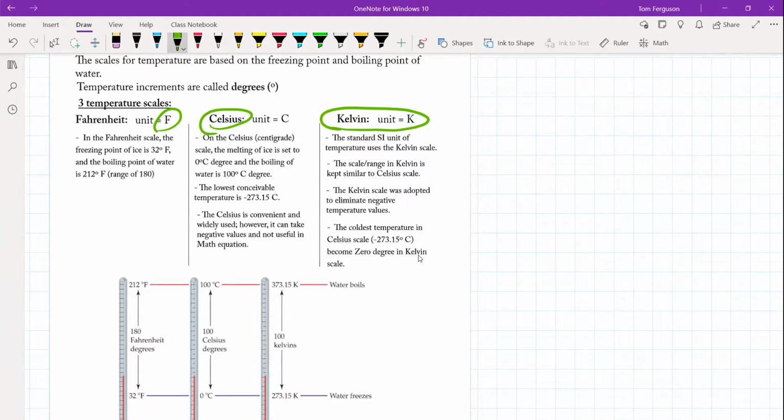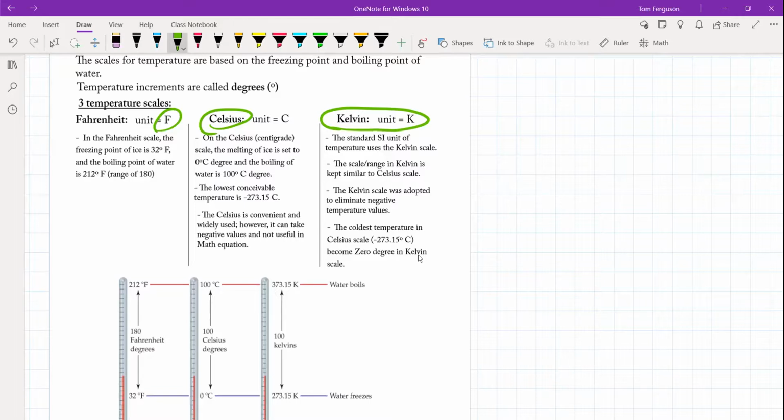In Fahrenheit, water freezes at 32 and boils at 212. But those are arbitrary, totally arbitrary. We can have Tom degrees, for example. Tom degrees could be defined differently. It's still a metric of how much kinetic energy is in the system.